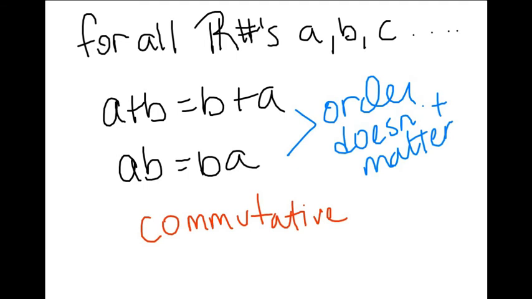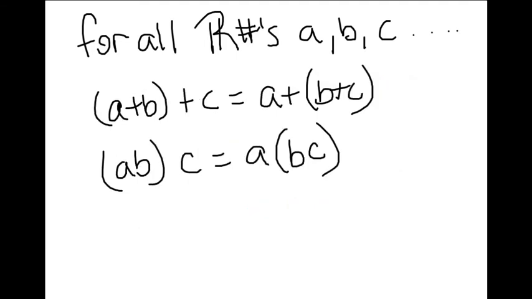Order doesn't matter. So this third property says that if I group a and b and add them together and then add them to c, it's the same as grouping b and c and adding them together and then adding them to a. Or for multiplication, if I do a times b and then multiply by c, or if I do b times c right here and then multiply by a, it's going to be the same answer.